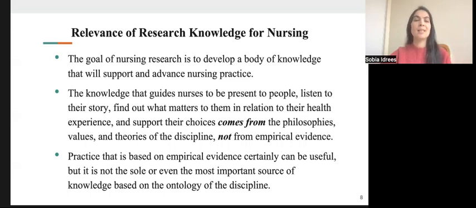Let's look at the goal first. Why nursing research? Because we need knowledge to advance nursing practice. This is an empirical knowledge.